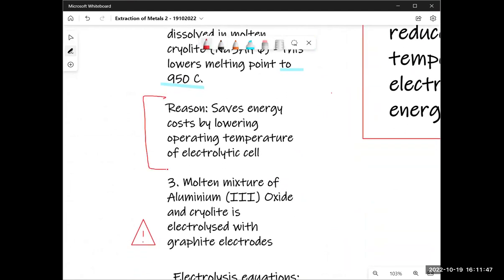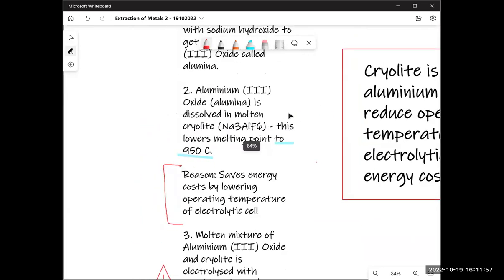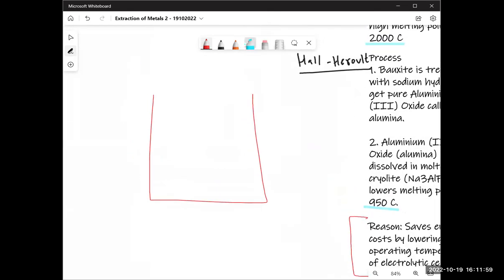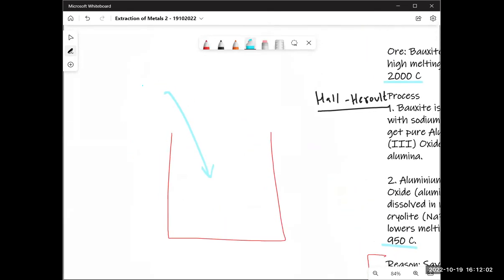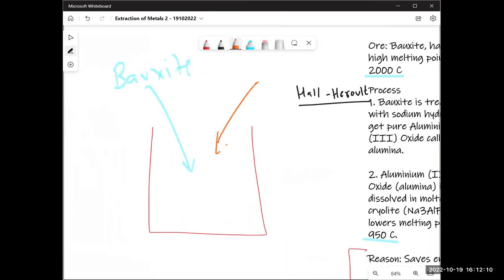Diana, read. Reason: saves energy costs by lowering the operating temperature of the electrolytic cell. Electrolytic cell. Now, first things first, I have this beaker. I'm going to put some ingredients here. The first ingredient was bauxite. Then I'll put some NaOH, sodium hydroxide.